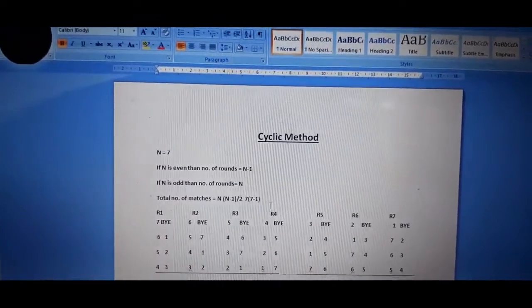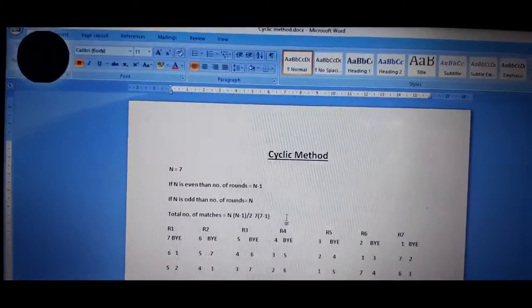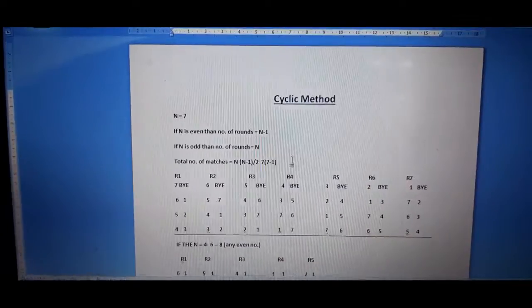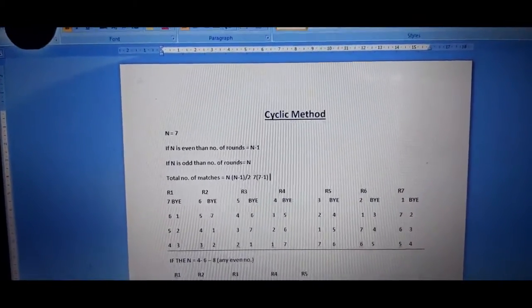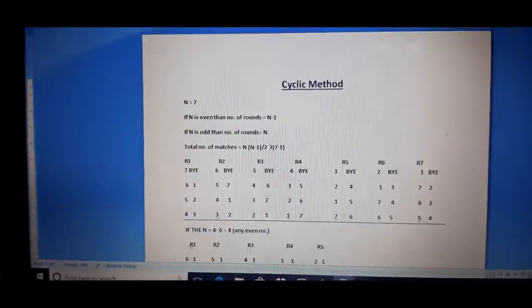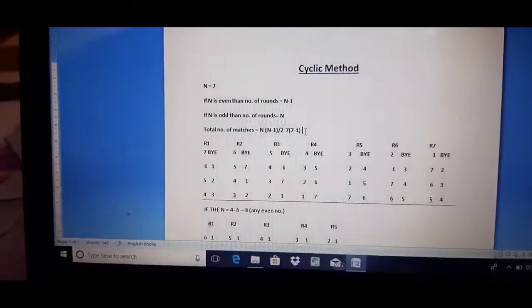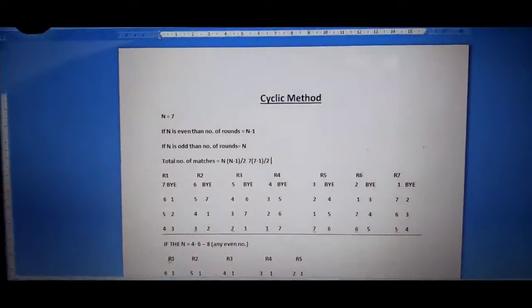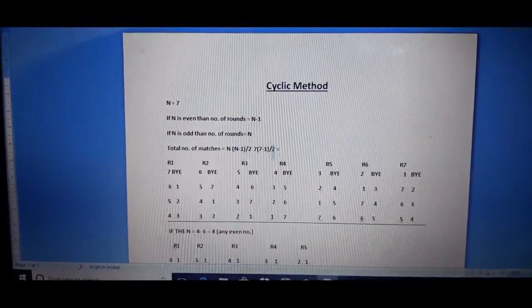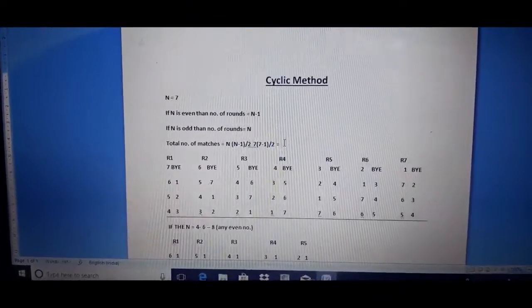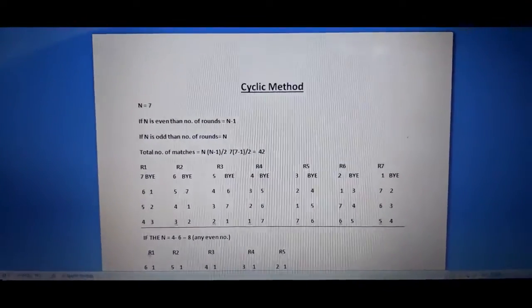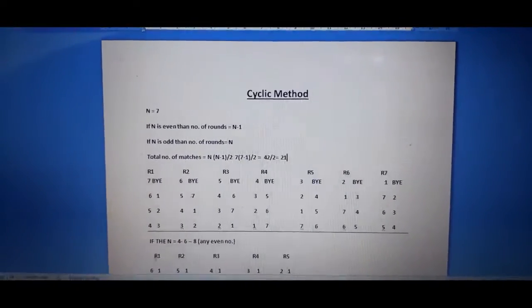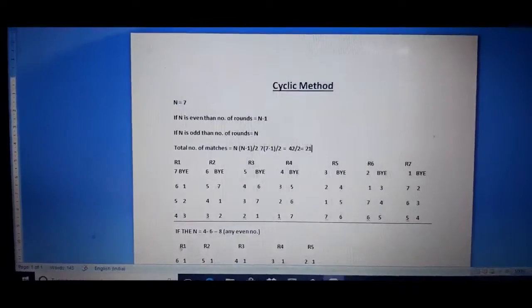This will give you 7 sixes are 42. 42 upon 2 will give you 21. So the number of matches is 21.